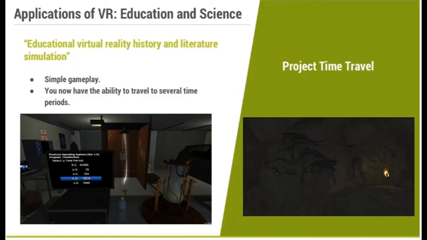And the concept is like a mini game where you have your time machine in the garage, and then you can select the point in time that you want to go to and have a first-person presence.